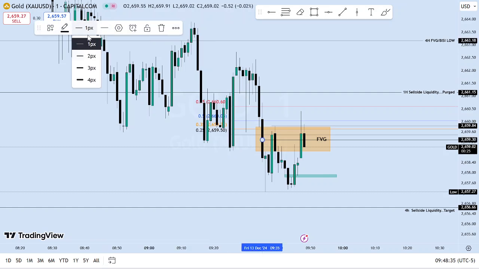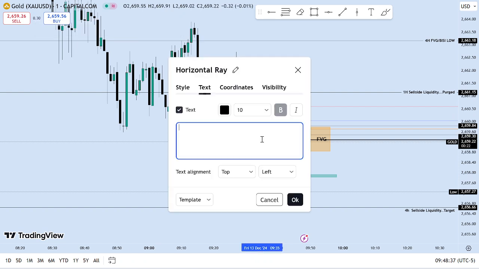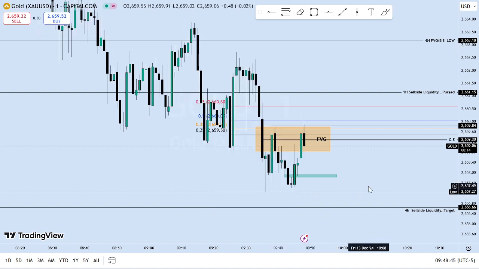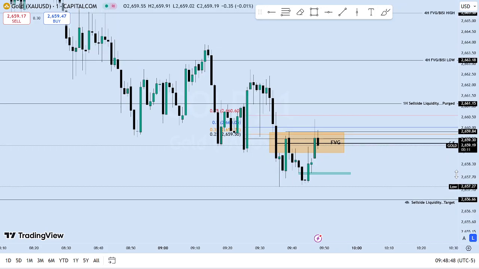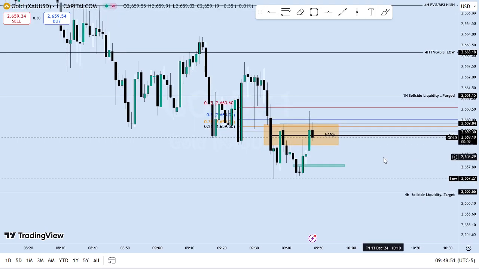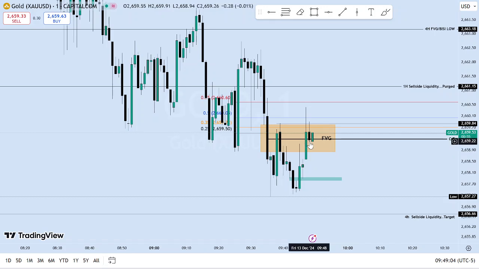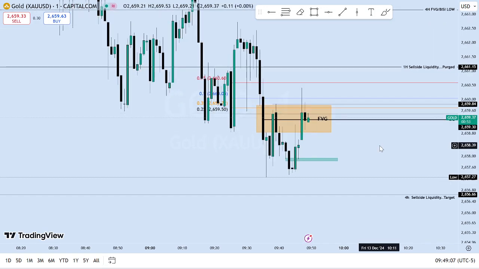As a consequent encroachment of the fair value gap. The body closes below the consequent encroachment.